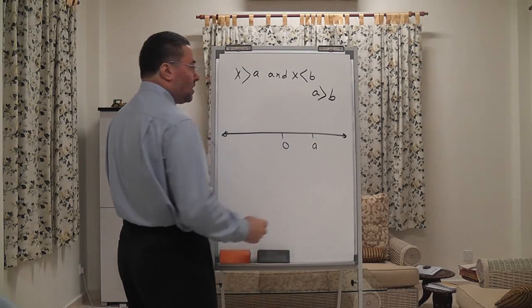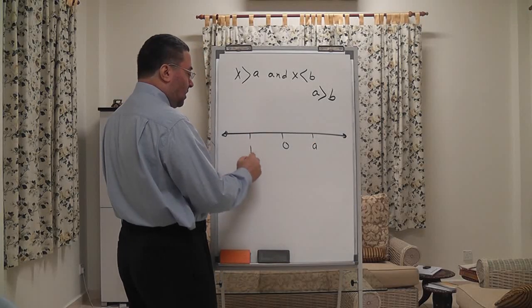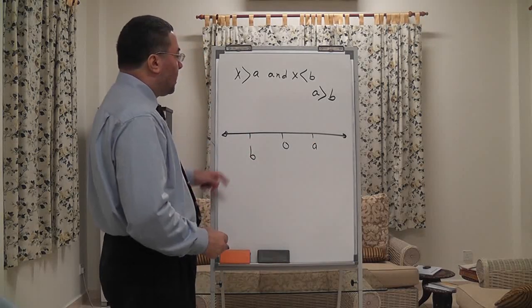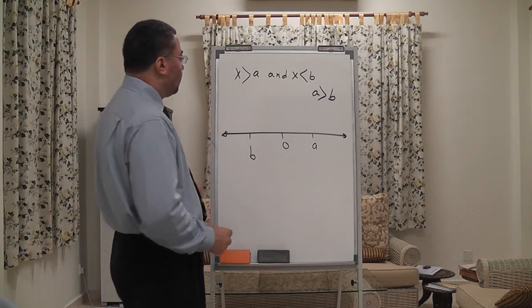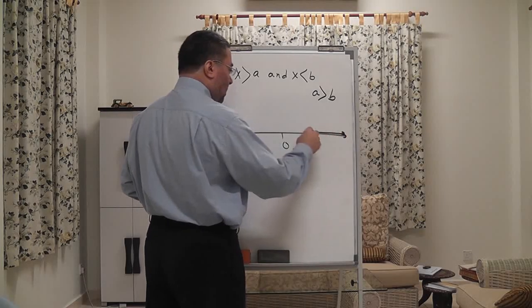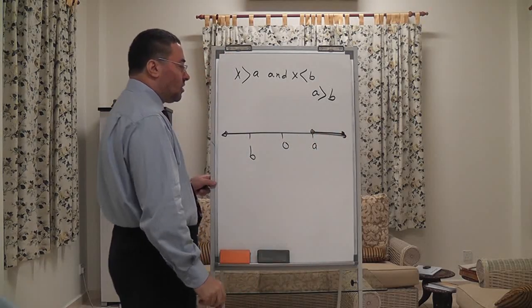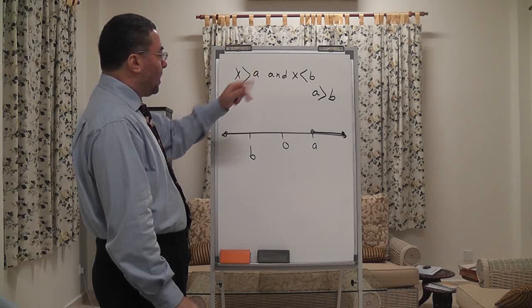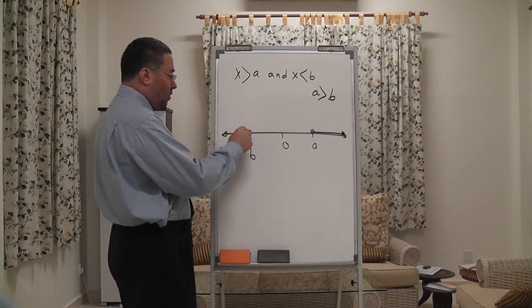So let's take a as positive and b as negative. And in this case, the first inequality, x more than a, has an open circle on a, and x less than b, open circle here.